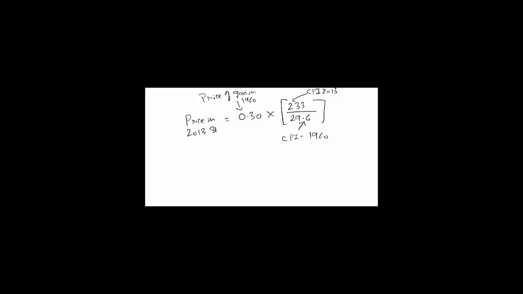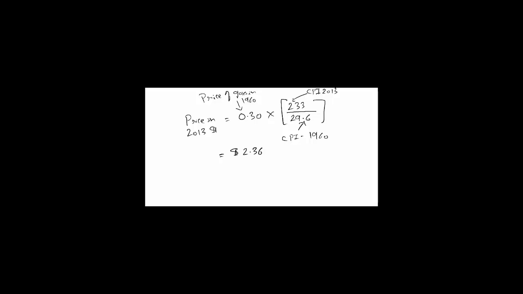Once you do the calculation, it comes out to be $2.36, which means 30 cents per gallon gas in 1960, if it would have kept up with the average increase in price, would have cost us $2.36 per gallon.